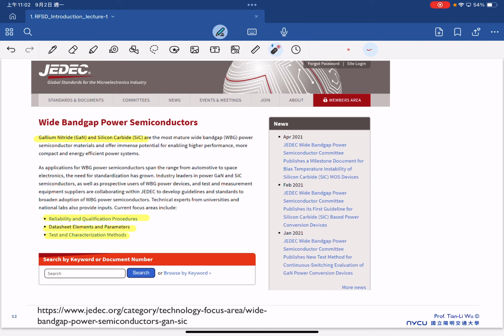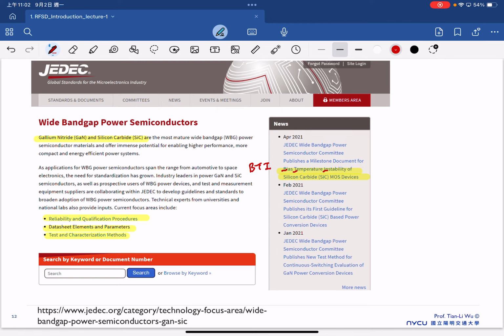So you can see in 2021, they started to make several standards. For example, this one is a wide bandgap power device standard published for the bias temperature instability of silicon carbide MOS devices. That's what we generally call BTI.